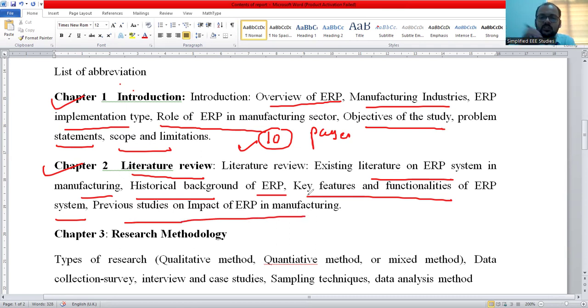I mainly focused on the manufacturing sector. That is why everywhere I considered the manufacturing sector, because my main focus was on the impact of ERP in public and private sector organizations, especially manufacturing industries. Public sector companies like the Steel Authority of India (SAIL) and GAIL, the Gas Authority of India.